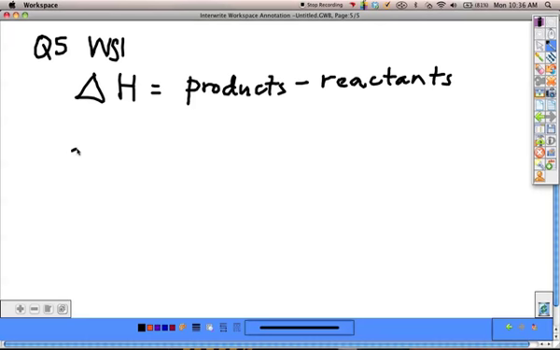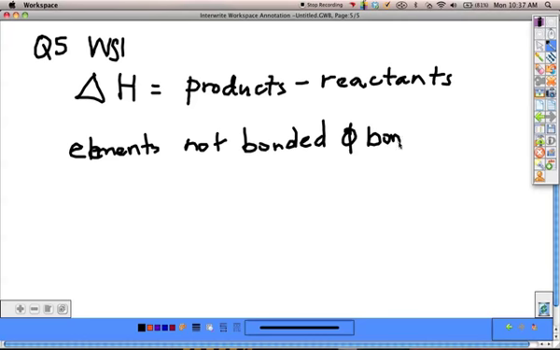Notice that elements that are not bonded have 0 bond enthalpy. Makes sense, right? There's no energy related to bonds because there is no bonds.